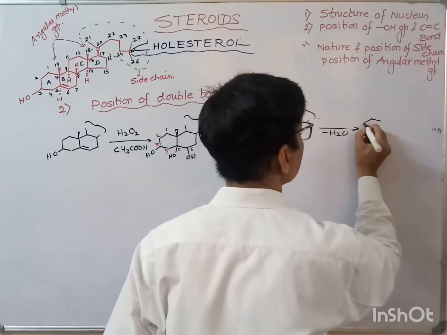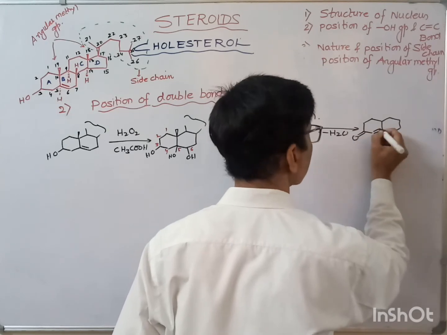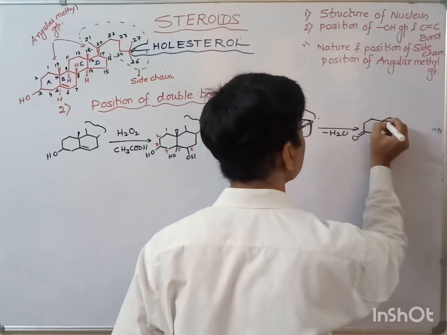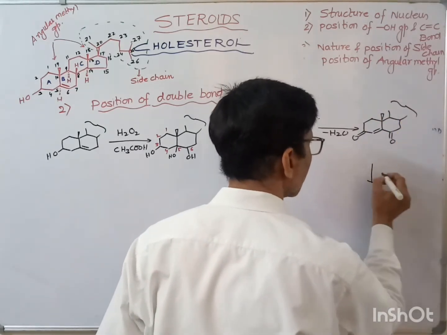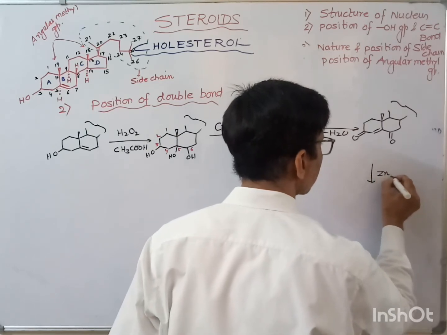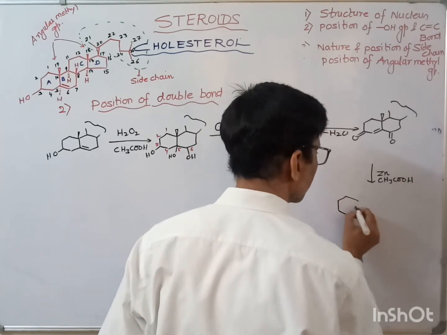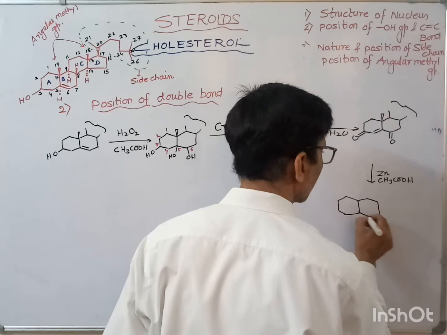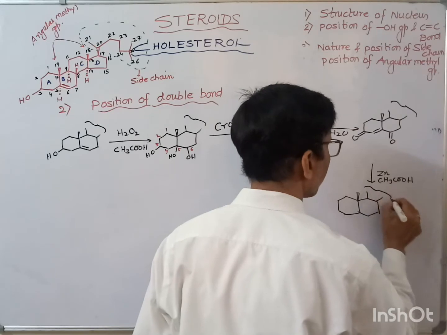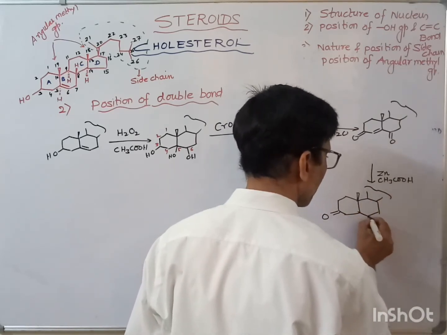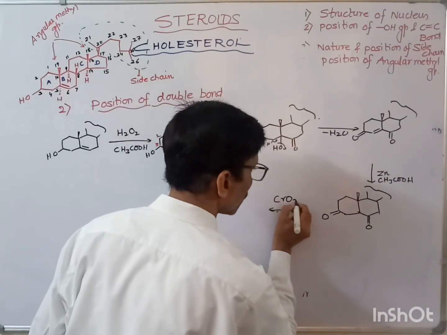After the removal of H2O, the double bond comes over here. Then this further undergoes zinc acetic acid reduction, and this double bond gets reduced. Further, it was treated again with chromium oxide.